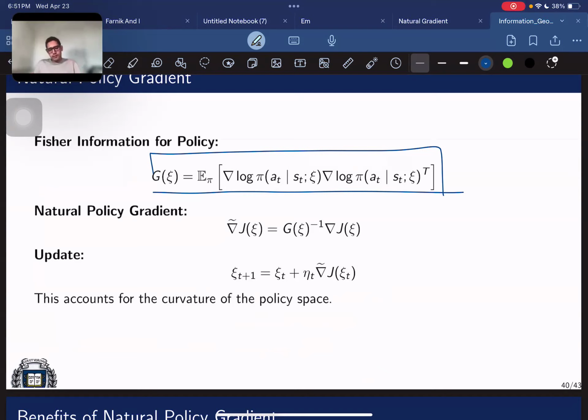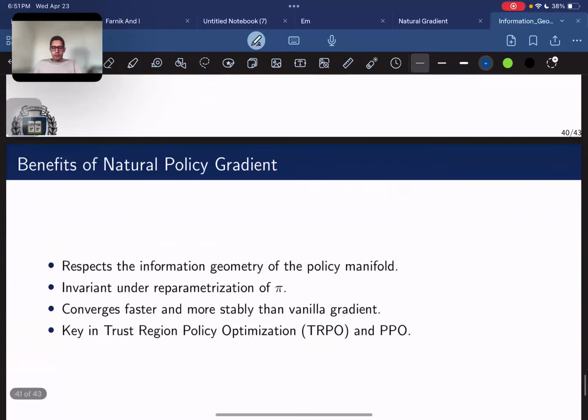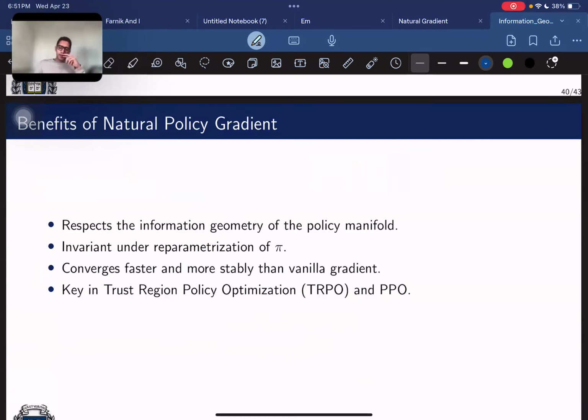And because of considering the curvature, you can achieve this. And this is proven to be much faster than the usual vanilla gradient ascent.